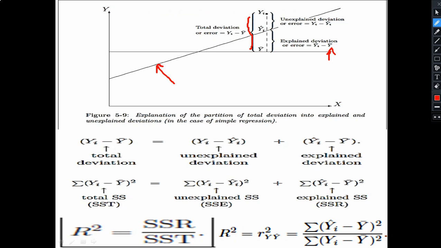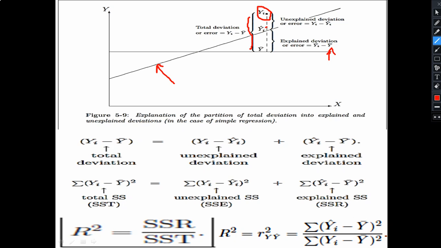The unexplained deviation of error is the difference between the actual observation, which is yi, minus y hat.